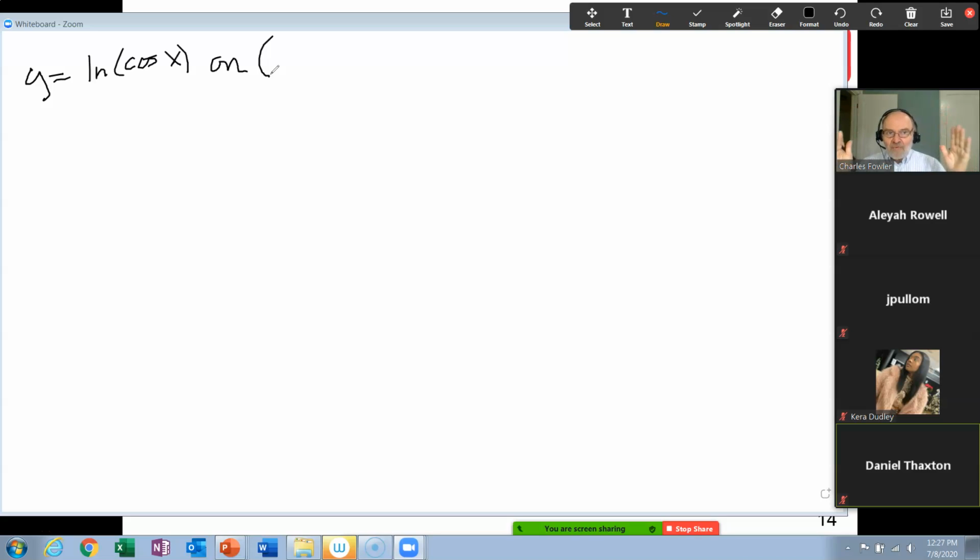But to get the longest arc length that you are going to get with this formula, cosine x is positive from negative pi halves to positive pi halves. So if you're stretching that to the limit, you cannot have a zero in there. And cosine of negative pi halves and positive pi halves are zero at both ends.